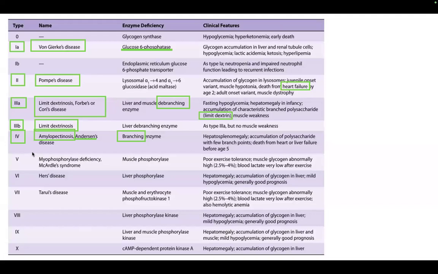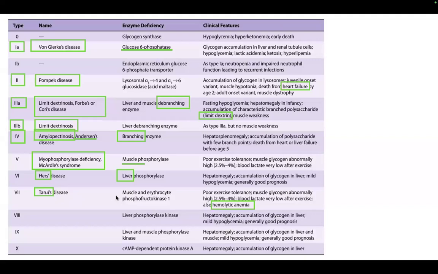McArdle's, which is also known as myophosphorylase deficiency, is the one that has a deficiency in muscle phosphorylase. Then Her's disease, hepatic liver phosphorylase. Tarui, letter T, this has the hemolytic anemia.